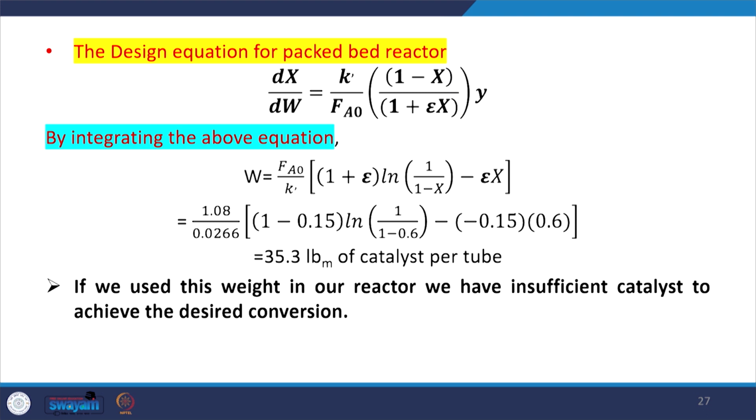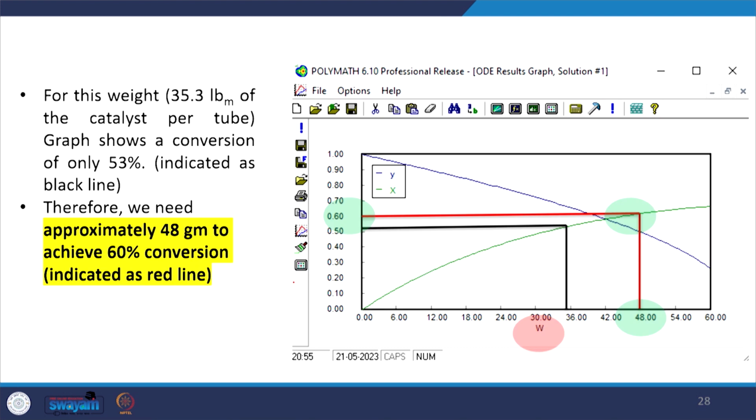If we solve these equations just by putting in all the parameters, there also you can see it is coming like that. But from this graph you can see how much catalyst you have to choose to get 60% conversion. Here the y axis is the conversion, and this is the 60%.